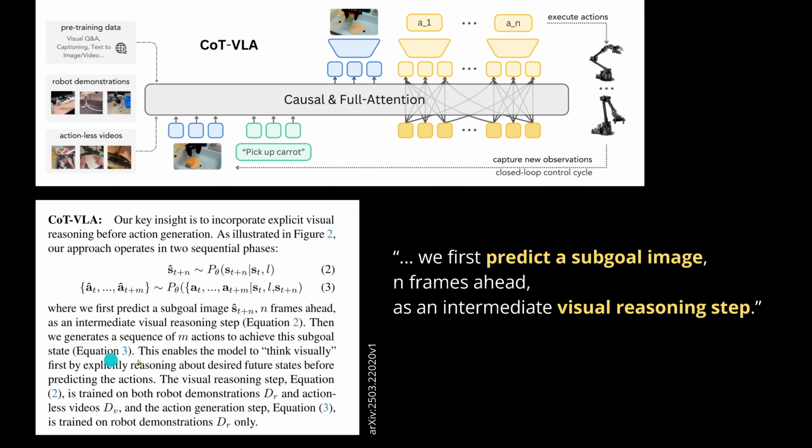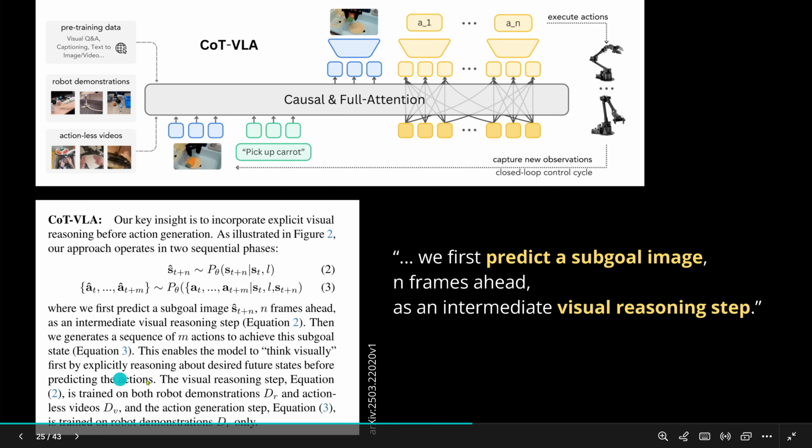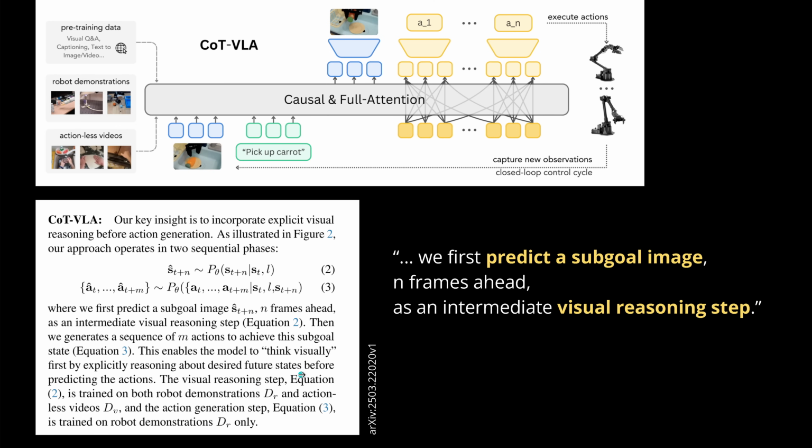So then the model learns how to have these actuator actions for the robotic arm. They say this enables the model to think visually first, by explicitly reasoning about the desired future states before predicting the action.